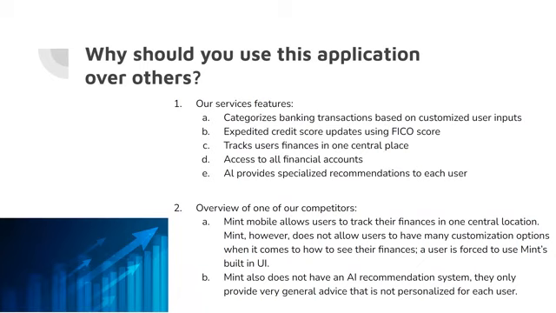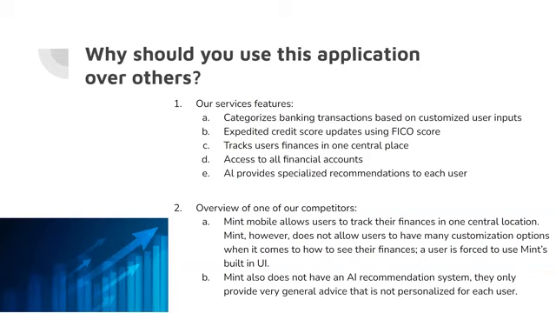Second, it tracks users' financials in one central place. Users have access to all financial accounts that I mentioned previously, such as checking, savings, loan, debt, credit cards. Third, AI provides specialized recommendations to each user, such as where to trade, and how and how much.